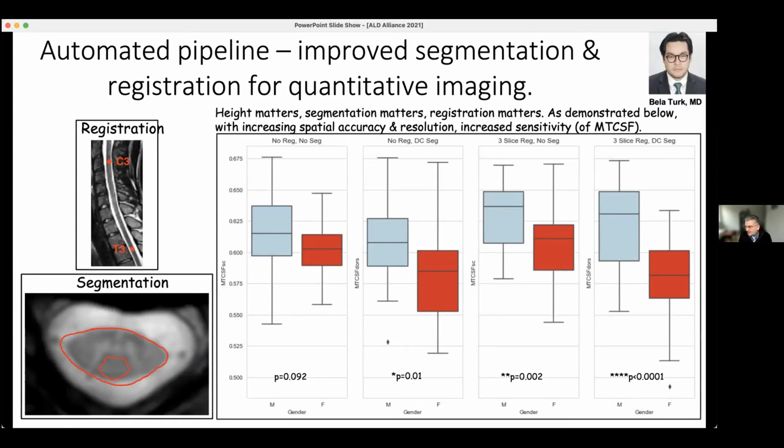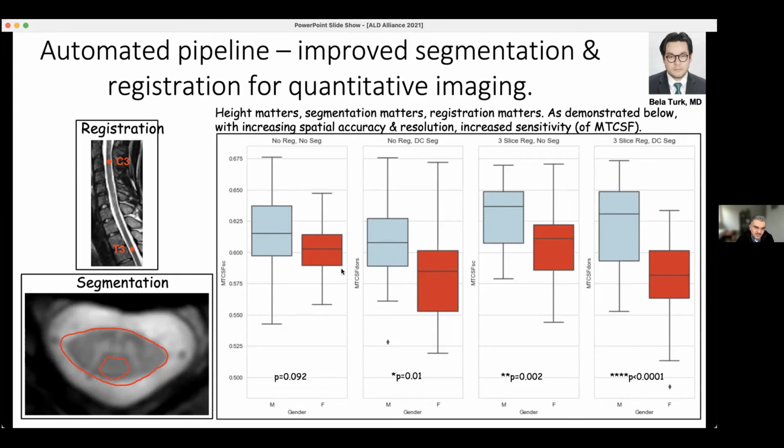Unfortunately, part of the problem with imaging is that people upgrade their scanners and upgrade the software. So this was a multi-year trial where the scanners were upgraded to more modern scanners, making it incredibly difficult to correlate data. We had one of our postdocs, Bella Turk, who I think is listening here, spend a lot of time learning machine learning tools and coding, trying to develop scripts that would allow us to make these sequences comparable with each other.